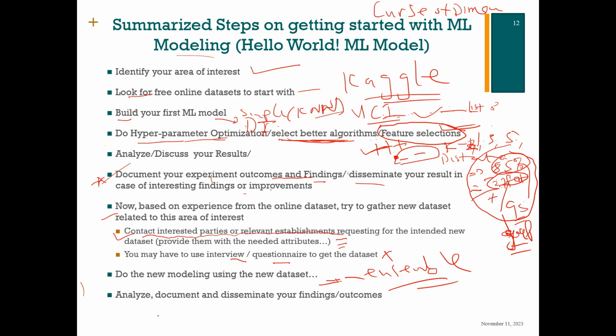After that, also, as usual, you go for analyze, document, and disseminate your findings or outcomes. It's always very, very important. Even in industry, whenever they do any modeling and get the outcome, they try to disseminate it. That's why these days you have a lot of R&D in companies trying to let people know what they are doing in conferences, especially the Society of Petroleum Engineers.